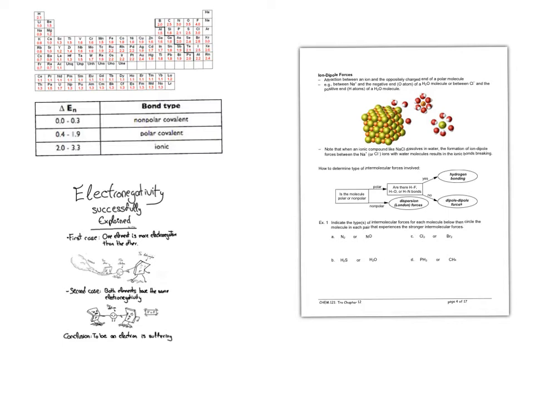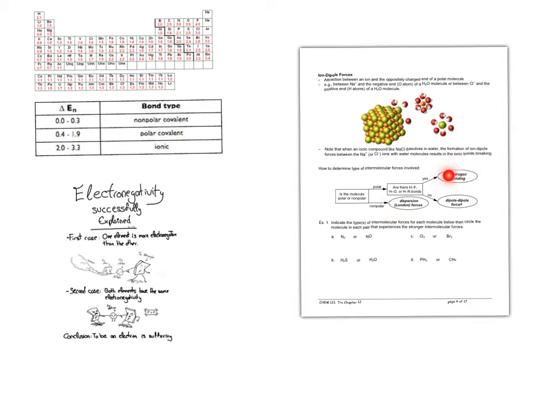Now the question is, when do you know that you have a polar bond, and when do you know whether something's polar? If it's polar, does it have hydrogen bonding or dipole forces? And if it's nonpolar, it's going to have dispersion forces, right? And if they're dispersion forces, then they're going to have very low forces of intermolecular bonding.